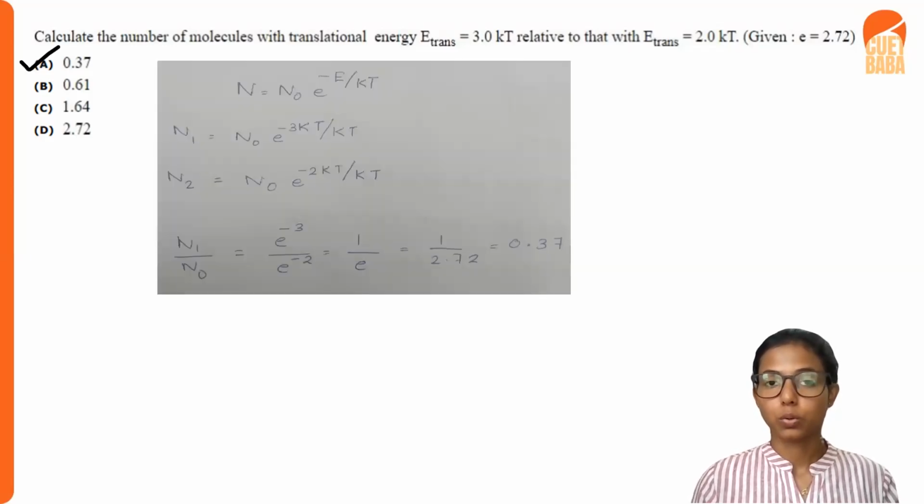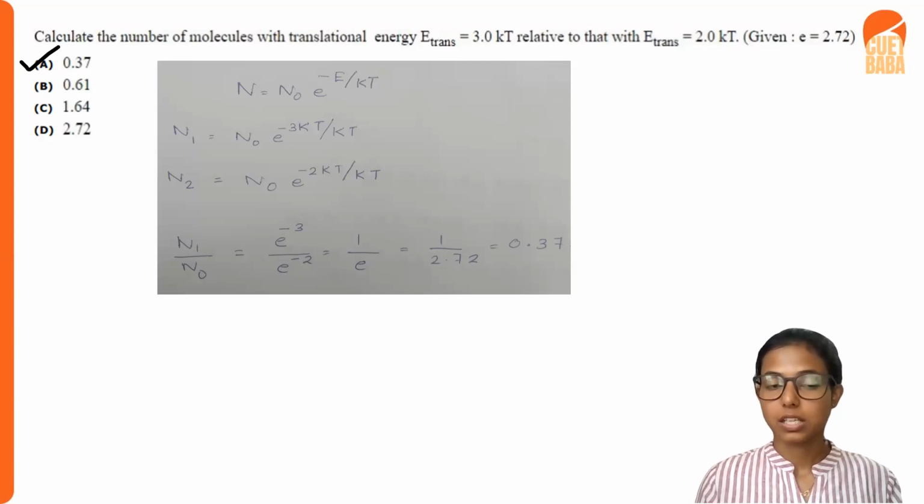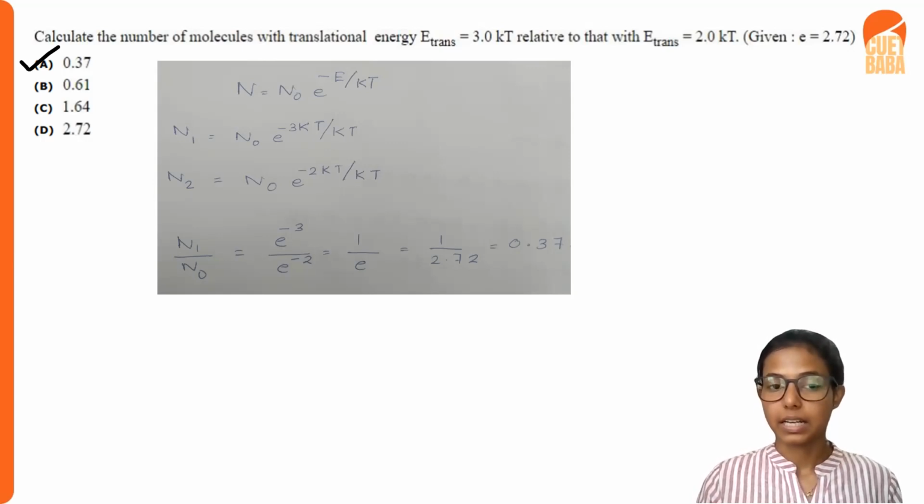So here we want to apply the Boltzmann equation, that is N is equal to N0 e raised to minus E by kT, where E is the energy, N0 is the total number of molecules, and N is the number of molecules having that particular energy E. If we want to find the number of molecules having the energy 3.0 kT, we substitute this in the equation, that is N1 is equal to N0 e raised to minus 3kT by kT.